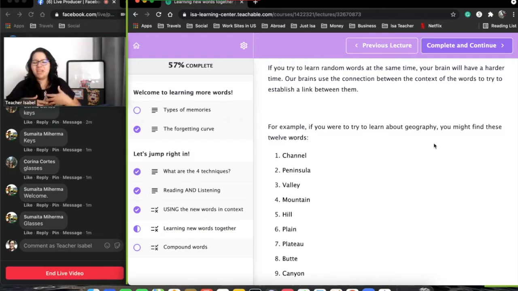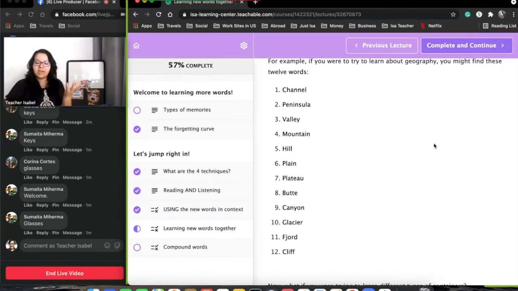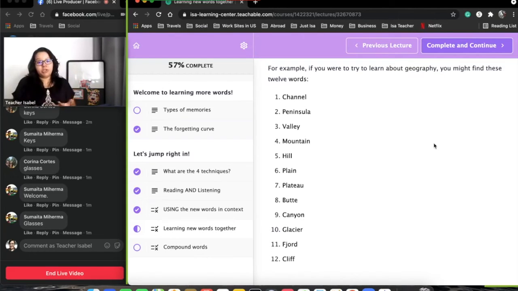Use the words, but not just any random words. Choose a topic and learn those words only for a week, however long it works for you. The example that I've got here is that if you were trying to learn about geography, say you're trying to learn about the landscape of your city or your country, and you say, I need to learn geography words, you might find all of these words.